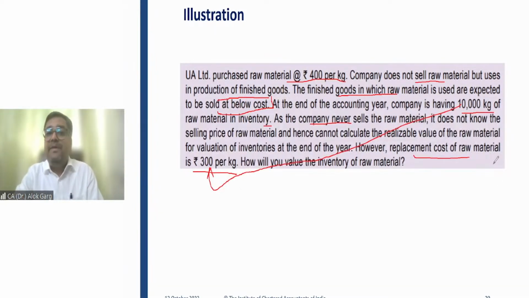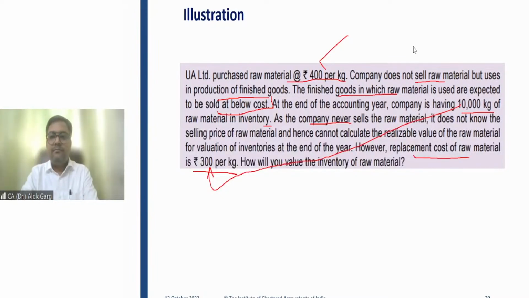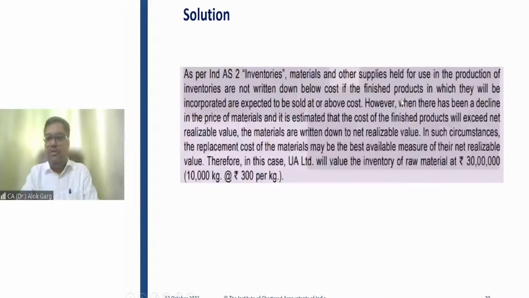And an impairment of 100 rupees per kg is going to be charged on the value of this raw material, which can be reversed in future if the value goes up. Very good. This is what is given as the solution. Whatever I've told you is written in the solution.